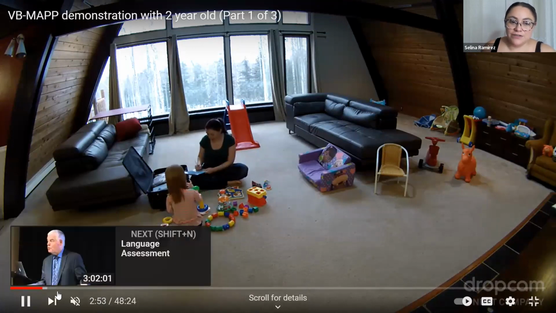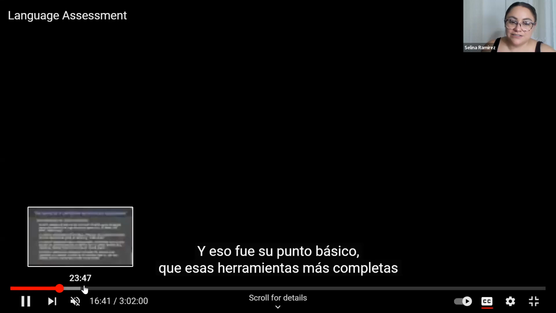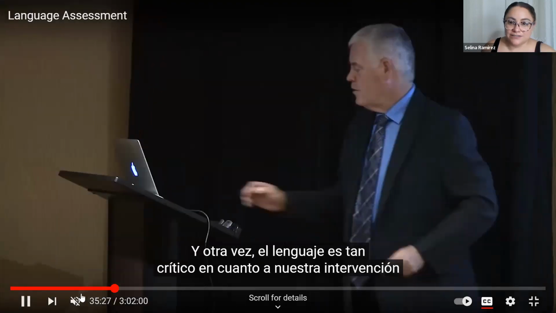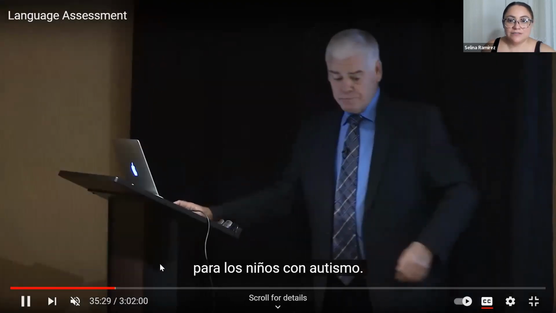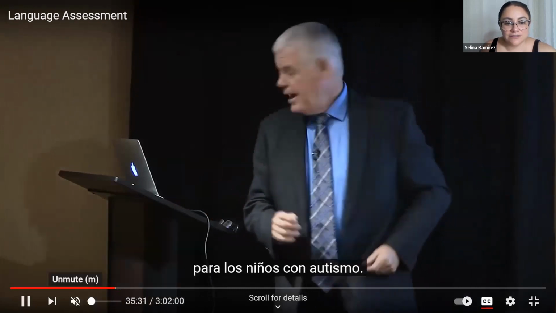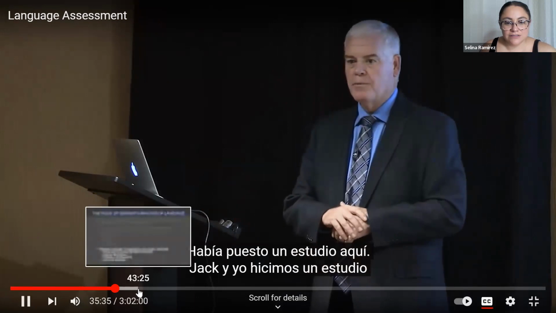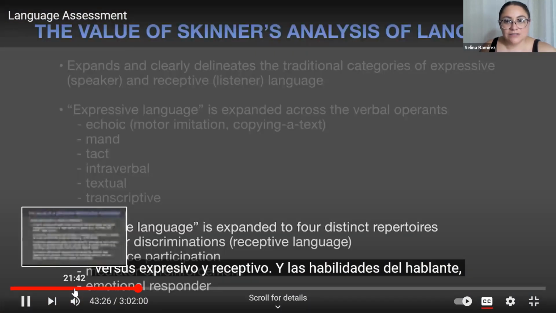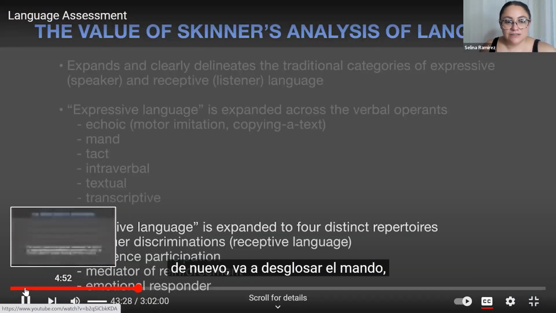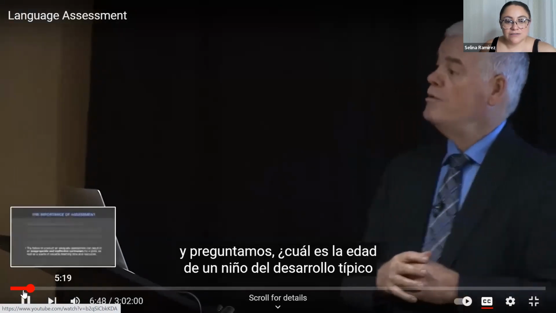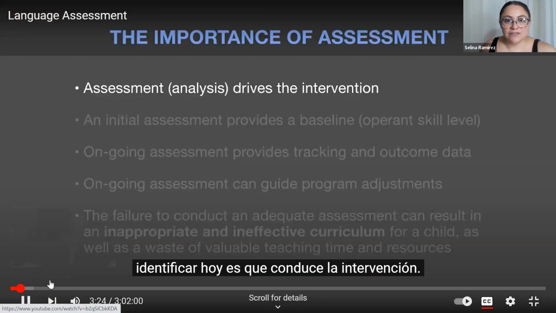And so she's just going through and observing this little girl. Oh my gosh, what just happened? Had on here a paper, Jack and I wrote a paper in receptive. And the speaker skills, again, he's going to break down. Assessment drives the intervention.